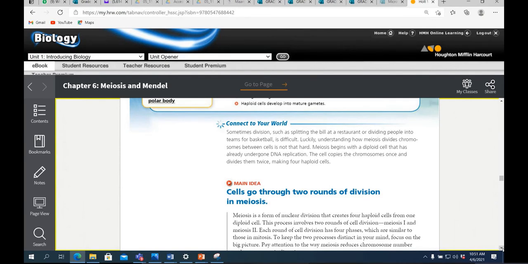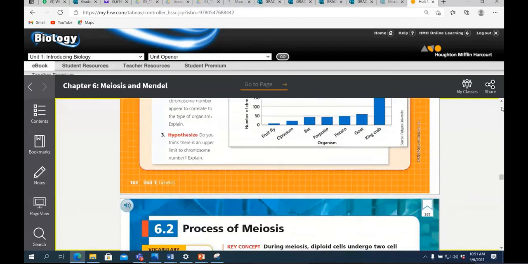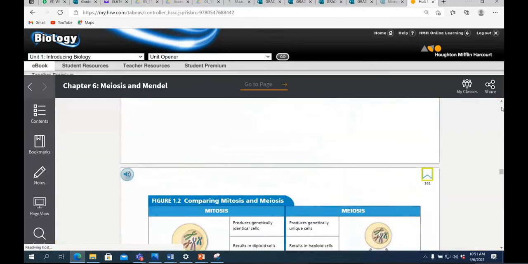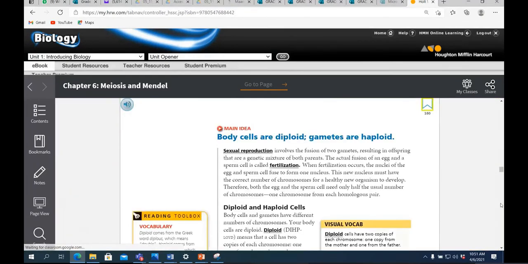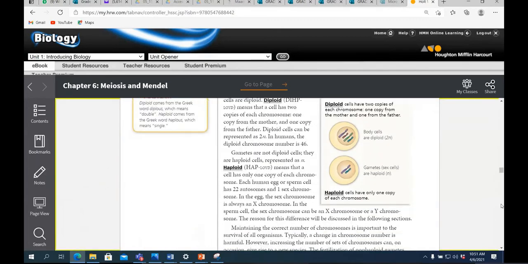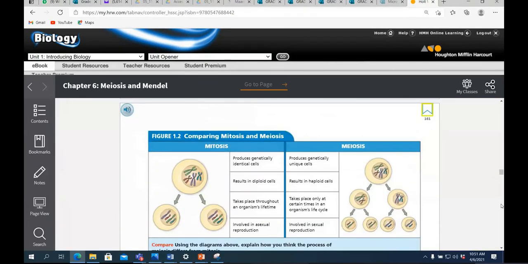Meiosis begins with a diploid cell that has already undergone DNA replication. Then the cell copies the chromosomes once and divides them twice, making 4 haploid cells. As we discussed in our topic 1, chromosomes and meiosis, one of each sex cells combine together like this, okay.